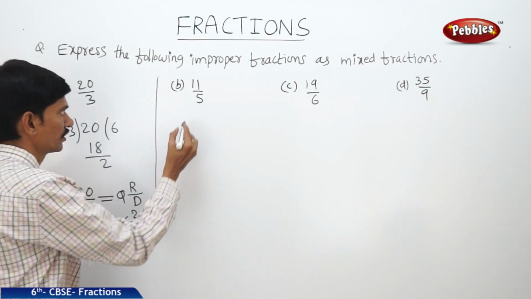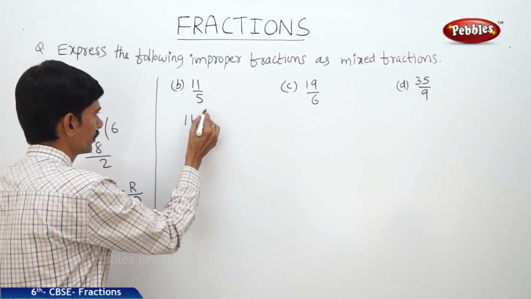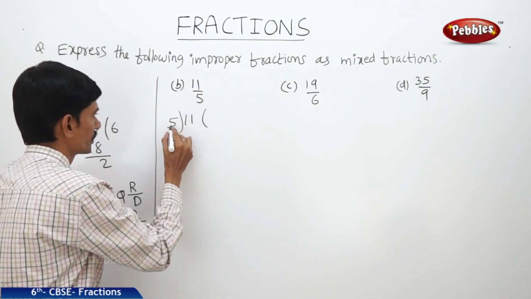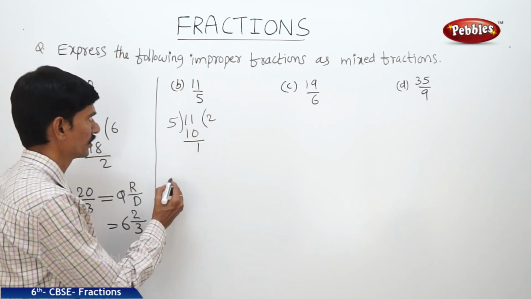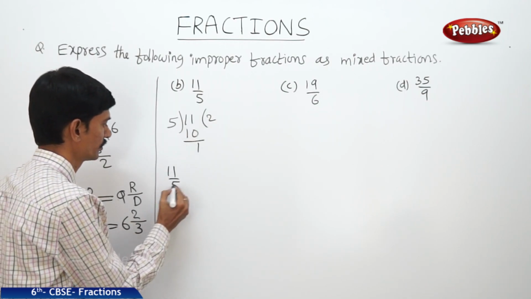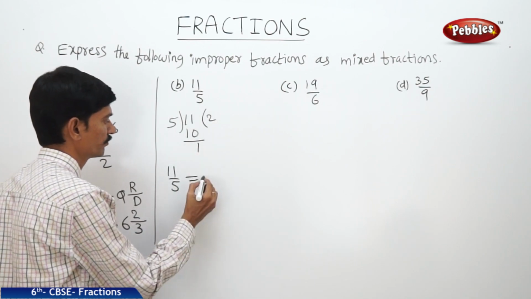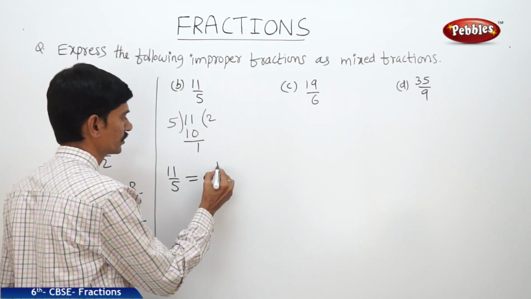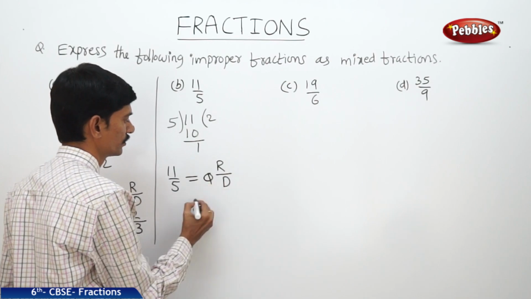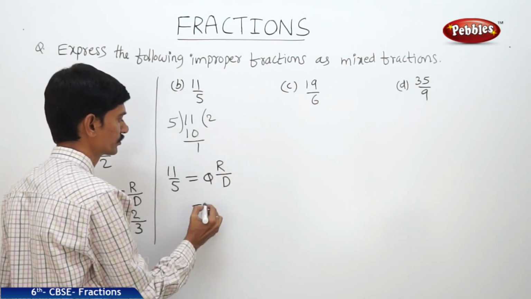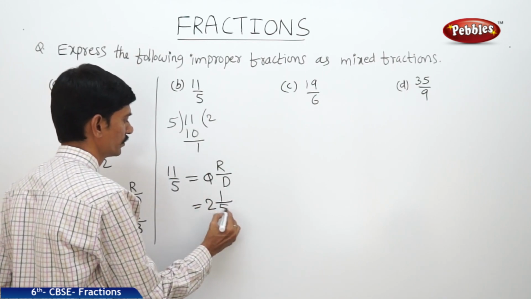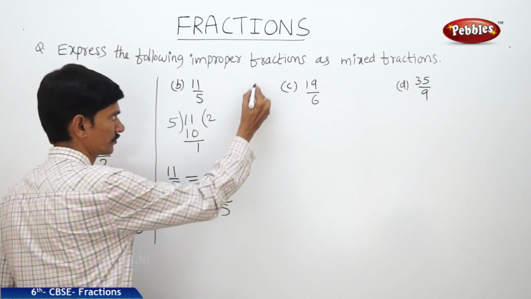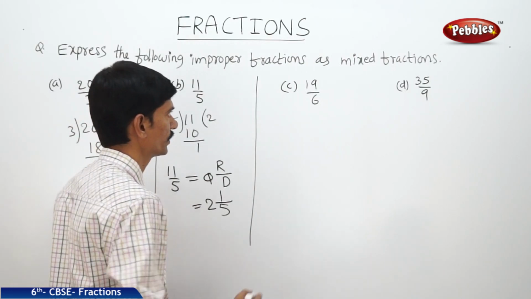The next is 11/5. So if we divide 11 by 5, 5 2s are 10, the remainder is 1. Now 11/5 can be written as, first we take the quotient, then remainder by divisor. So then this equals, quotient is 2, the remainder is 1 over the divisor 5. So it is 2 1/5. The next one is 19 by 6.